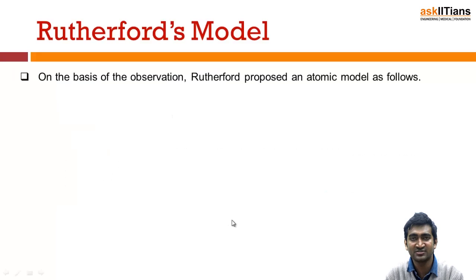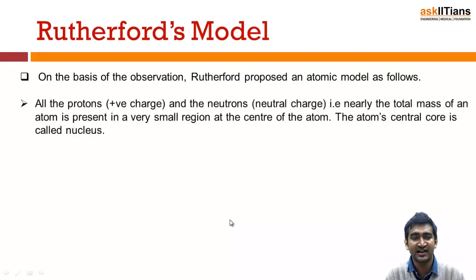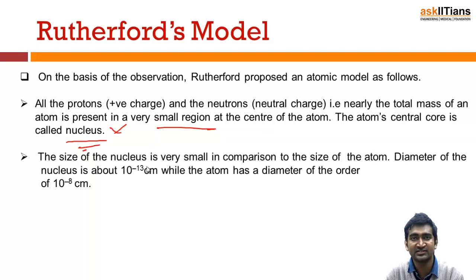On this basis, Rutherford proposed that all the protons and neutrons, which make up nearly the total mass of any atom, are present in a very small region, the center core. That is the nucleus. Nucleus was a term coined here. And what is the size?